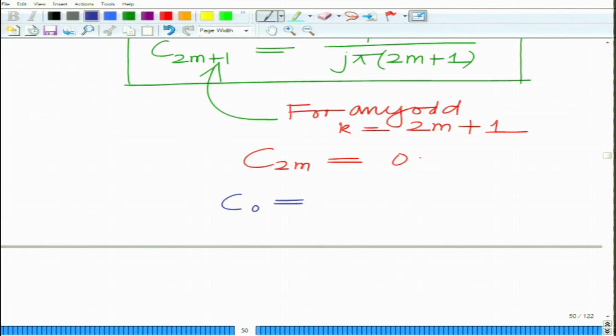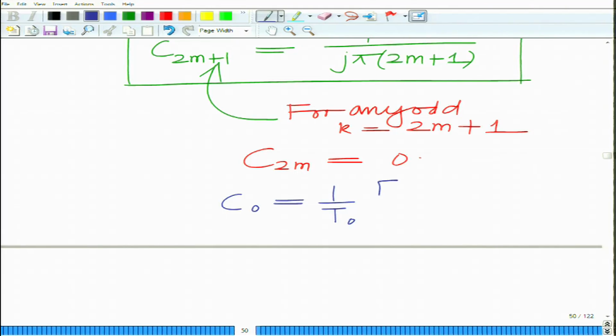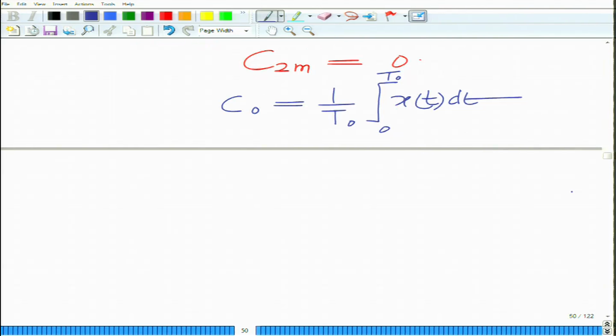And the DC coefficient, remember, C naught, corresponding to k equal to 0, is termed the DC coefficient. It is simply 1 over T naught times the integral of the function over an interval of duration T naught, that is the time average of the signal, 0 to T naught of x of t dt.